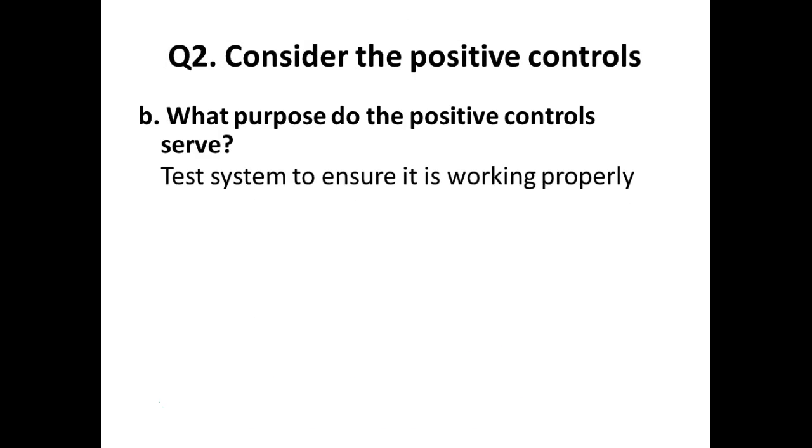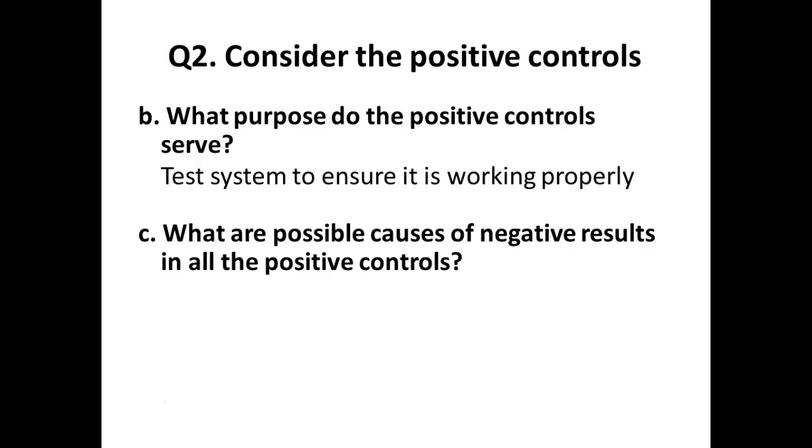Why do we do positive controls? Make sure that the test is working properly. What if we get negative results in all our positive wells? Test isn't working, right? This holds true for good old pregnancy tests, right? Now they have the little digital readouts, but if you remove that, there's 2 lines if you're pregnant. One's the positive control, and the other is your test sample.